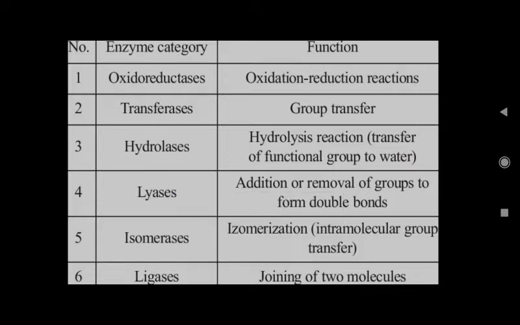Second is the transferase. From the word transferase only, it should be clear to us, transfer of group. Glutamate pyruvate transaminase is a very good example in the category transferase.